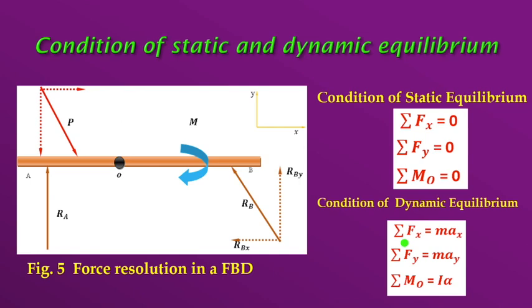Whereas if the moment is not 0, then summation of Mo equals I alpha, where I is the mass moment of inertia and alpha is the angular acceleration. So what is mass moment of inertia? In the subsequent topics, a separate chapter is there where we will discuss in detail the mass moment of inertia.